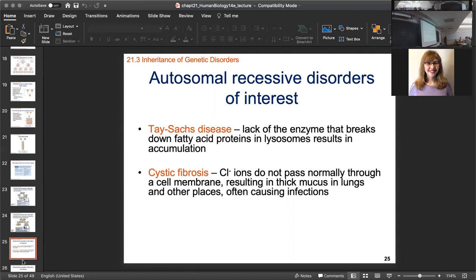What does it look like to have it? Well, in this case, if you have an autosomal dominant, you look like big A, or big A, small a. If you have an autosomal recessive, which is what we're talking about here, if you have it, you look like small b, small b. Okay, we'll worry about X-linked or sex-linked in a second.